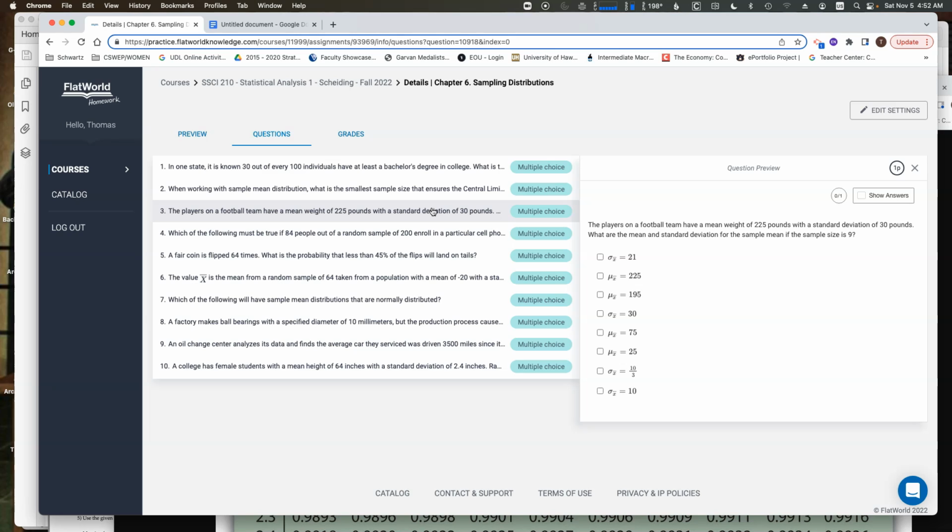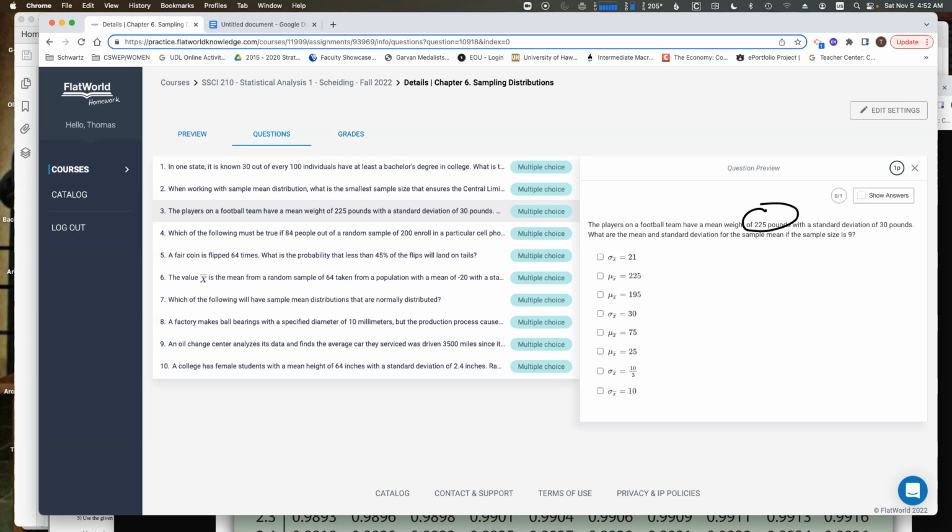Okay. Well, the mean one should be easy. That one we should know pretty easily because it will be about what the population is here, 225. So that one we don't need to worry about too much.